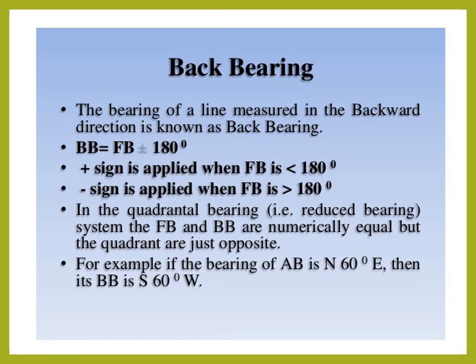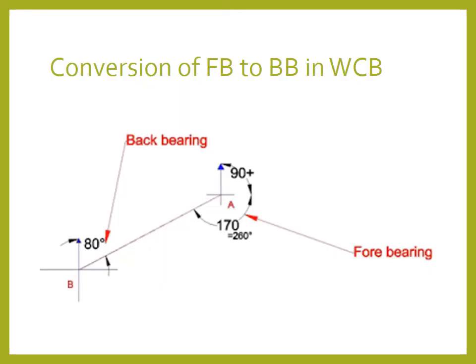So we use the plus sign when the fore bearing is less than 180 degree, then we have to use FB plus 180. When FB is greater than 180 degree, we have to subtract 180 degree from fore bearing. For example, in this case our fore bearing is equal to 260 degree.